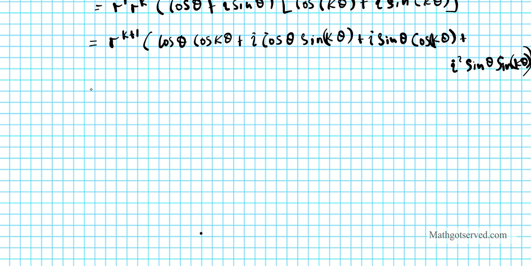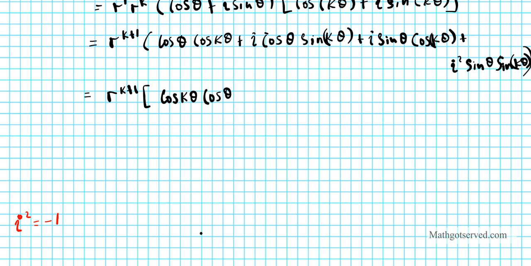Okay, so let's go ahead and simplify our product. So we're going to have r to the k plus 1 times cosine, let me reorder this. Using the commutative property of multiplication, I can write this as cosine k theta, cosine theta. Now remember what i squared is. i squared equals negative 1.